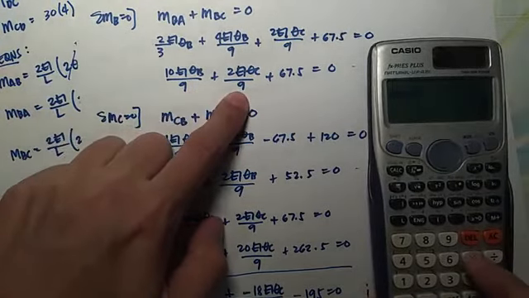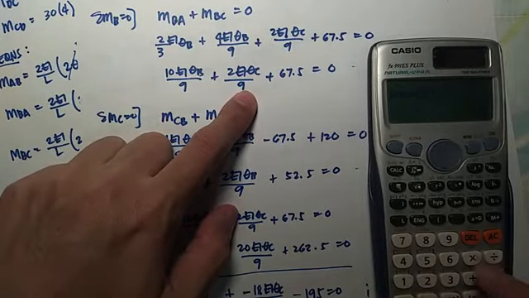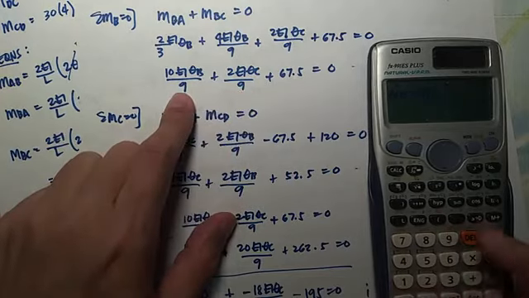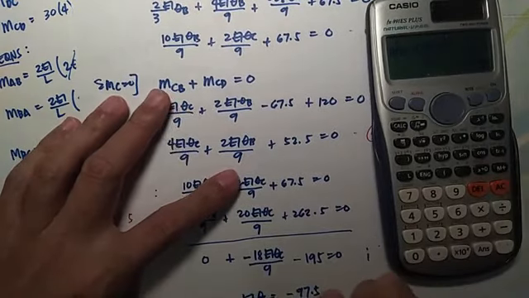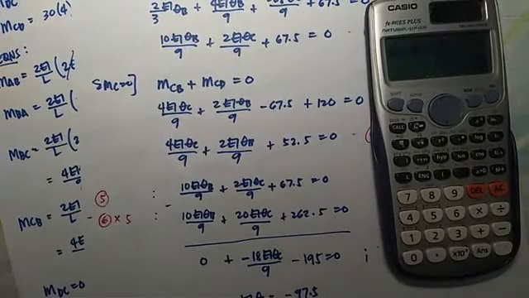So times 2 over 9 plus 67.5, lipat ko sa kabila, tapos i-divide ko ngayon ng 10 over 9. So ito yung theta B ko, negative 41.25. Shift store ko sa B.